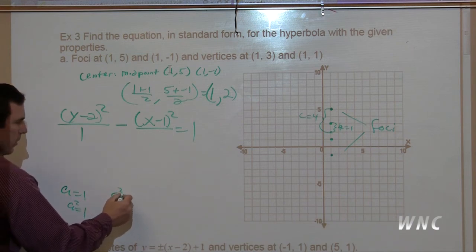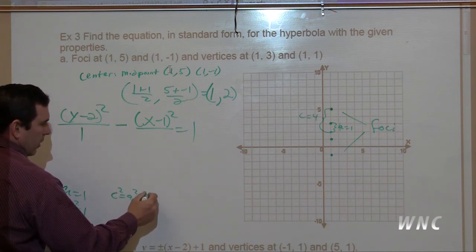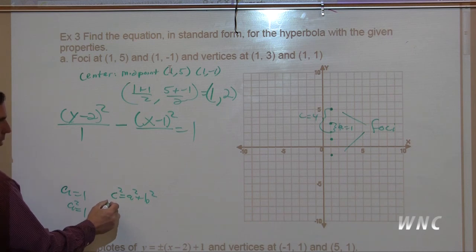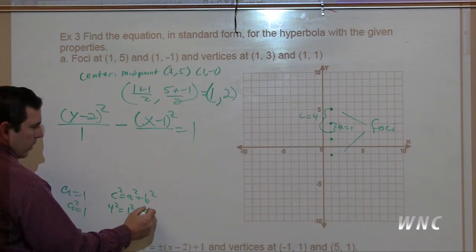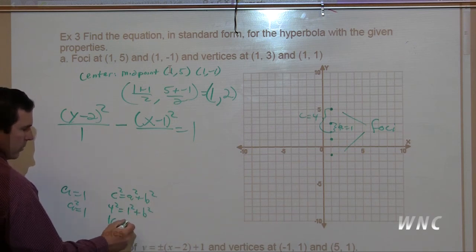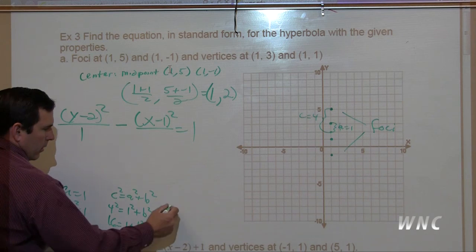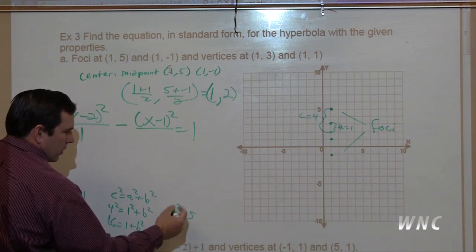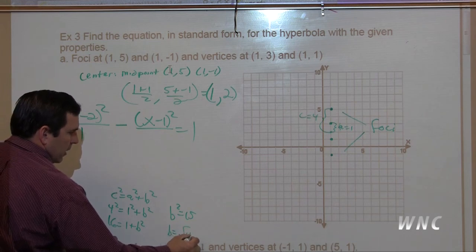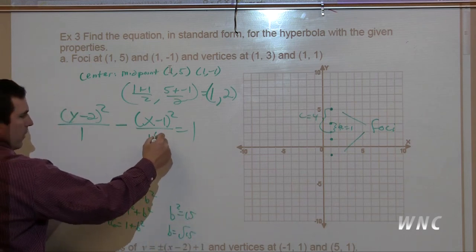If c squared is a squared plus b squared, and c squared is going to be 4 squared, equals a is 1, so 1 squared plus b squared. 16 equals 1 plus b squared. b squared equals 15, so that's all we really need.